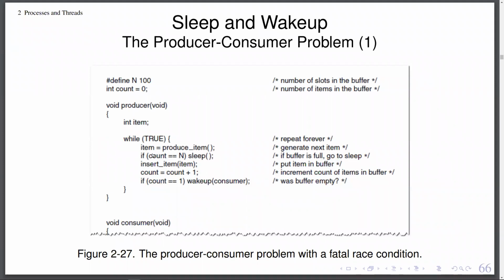It could then just continue to fill up the array until it's completely full. And then it checks, okay, is the array full? We've got n elements in it. And at that point, once the array is full, then it would also go to sleep. And so then we would have both the producer and the consumer asleep, and there would be nothing to make a call to wake either of them up. So this is what they really meant by race condition.